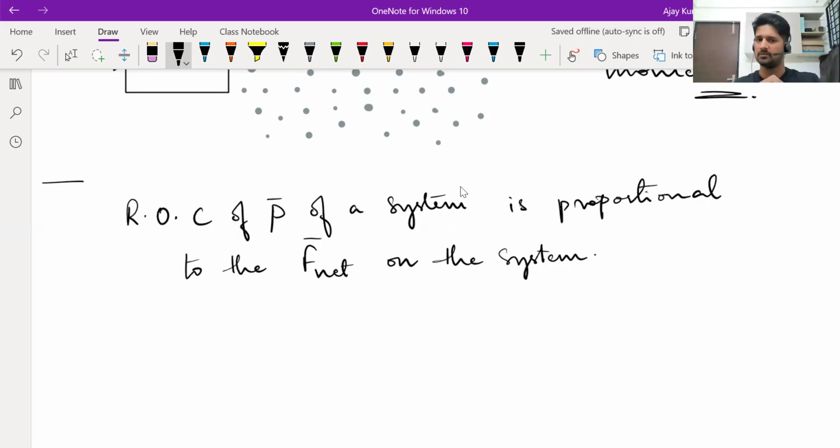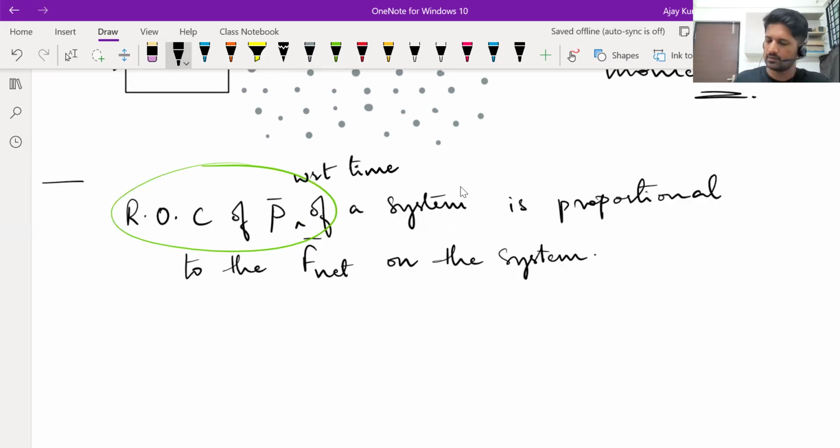Let us put this in mathematical form. Can one of you tell me how to mathematically express the rate of change of momentum with respect to time? dp by dt, sir. dp by dt.